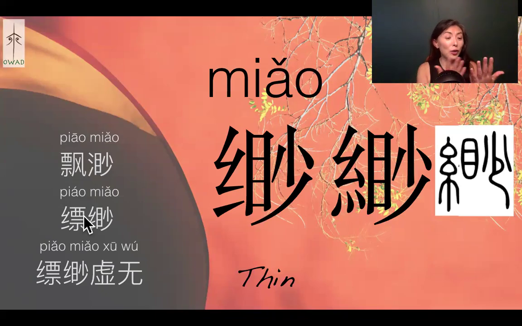So from this, you have a very thin layer of lightly colored fabric to it's intangible, to it's totally gone. It's not there. The gradation of, from solid, tangible, physical thing to intangible, totally gone out of the world, out of the sight. There's this gradation there in 虚无, in 缥缈虚无.